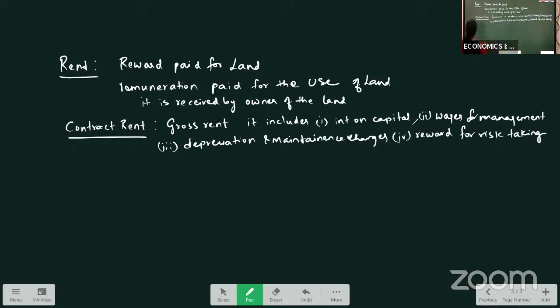This is called contract rent. Okay, so just see, it also includes economic rent.